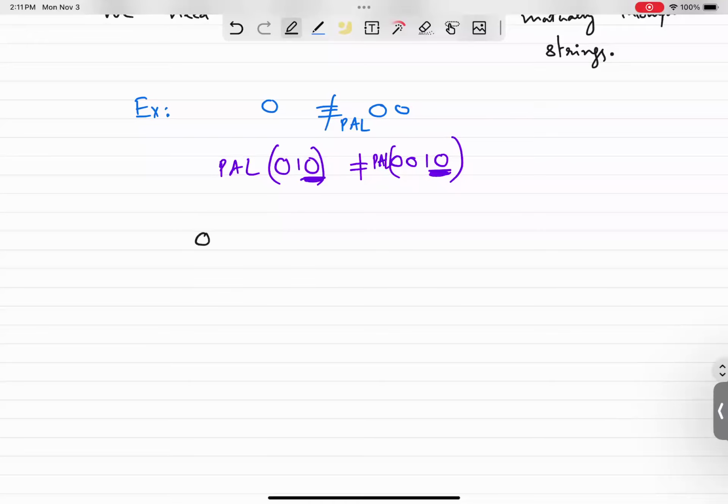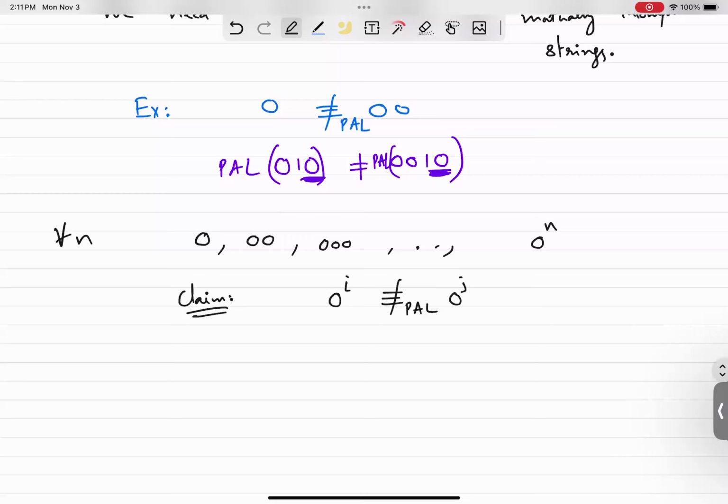Yeah, so basically, for example, let's look at the strings 0, 0, 0, 0, 0, 0, all the way up to 0 to the n. Okay, so for every n, we take these strings, and my claim is that all of these are not equivalent to each other. Okay, they are pairwise non-equivalent. So the claim is 0 to the i is not the same as 0 to the j for i less than j.